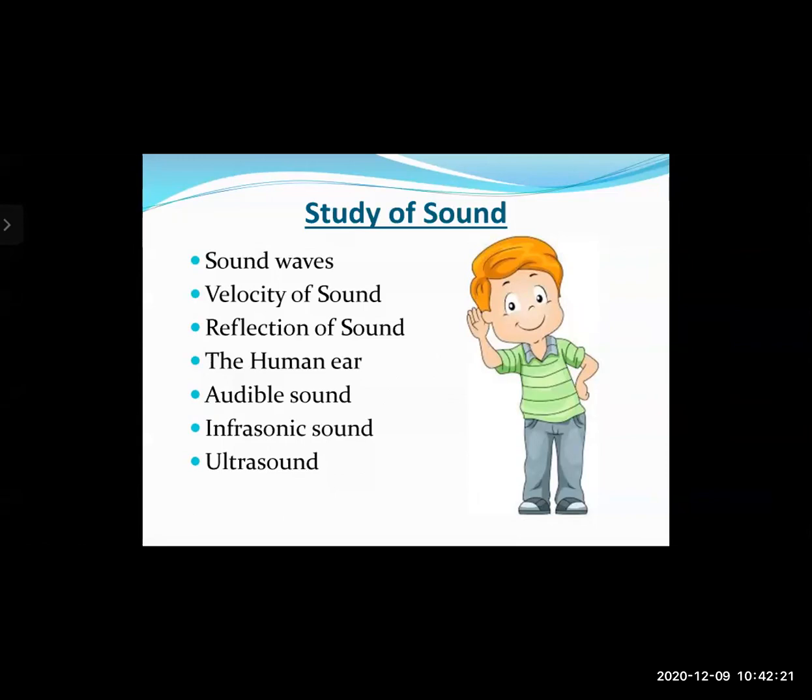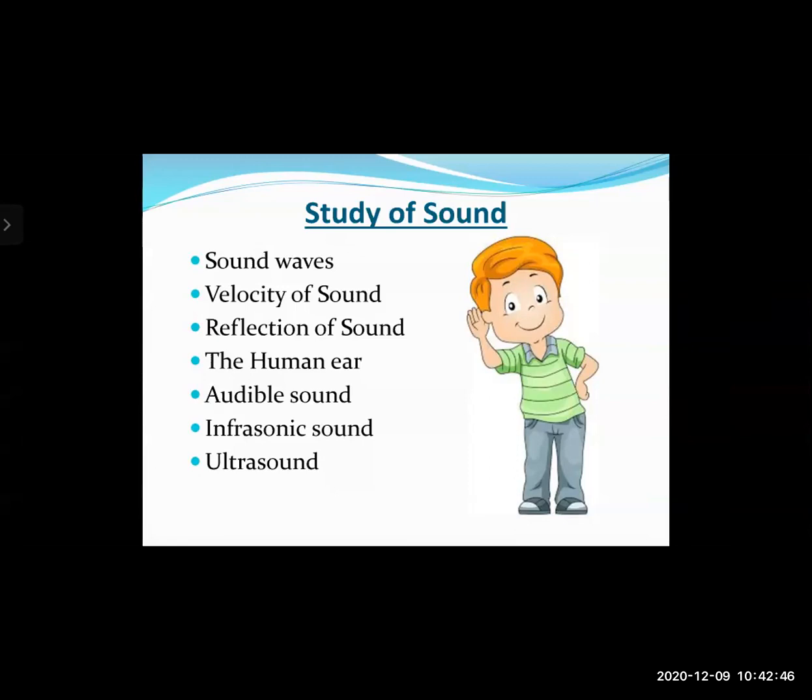Then the next concept will be about the reflection of sound, how the sound reflects from various surfaces. There we are going to see a very interesting concept of the echo, the formation of echoes. After that, we are going to study the human ear, the various parts of the human ear, and how we perceive the sensation of hearing through the different parts within our ear.